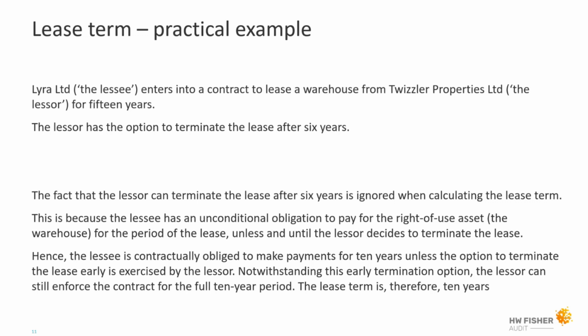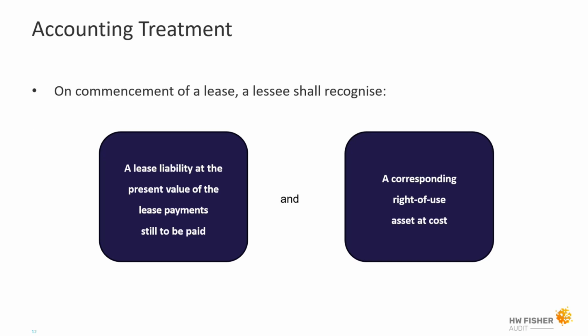So there are those two scenarios to look at: who has that obligation, and how long is that unconditional obligation. So you're identifying the underlying asset in the contract, but then thinking about the lease term, and some of these pieces can really impact the lease term, and that obviously has a significant effect on the balance sheet side of things and what you bring on to reflect that.